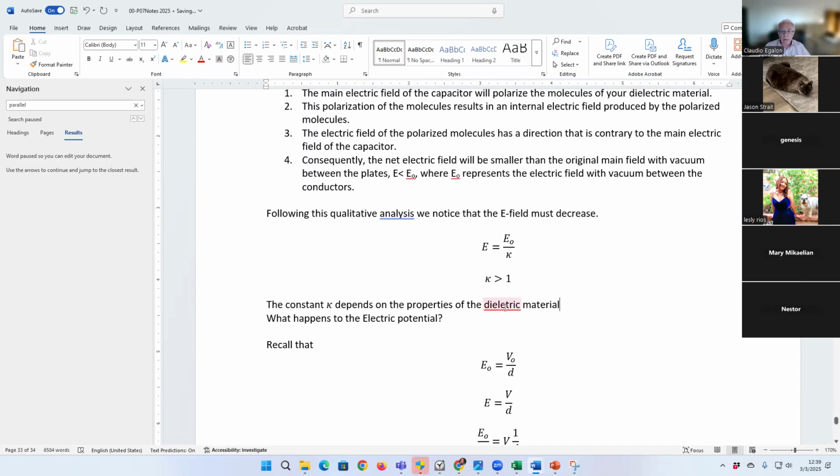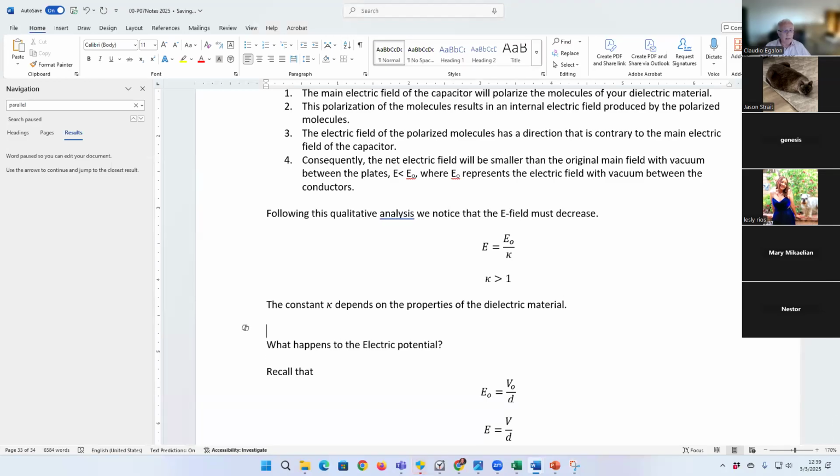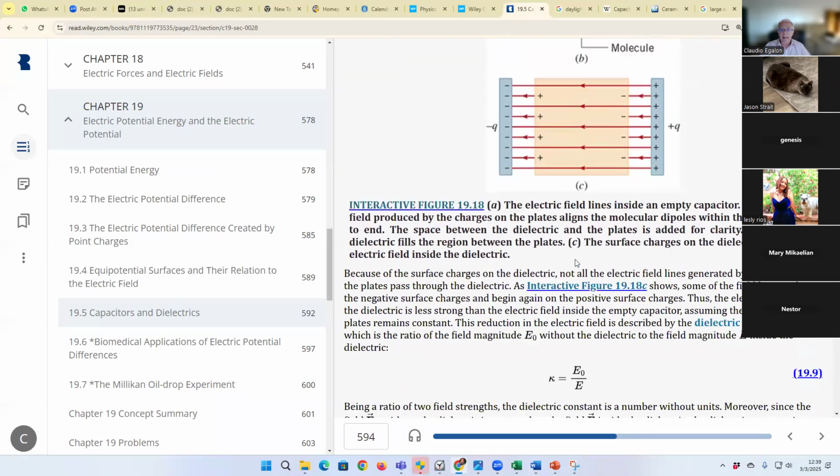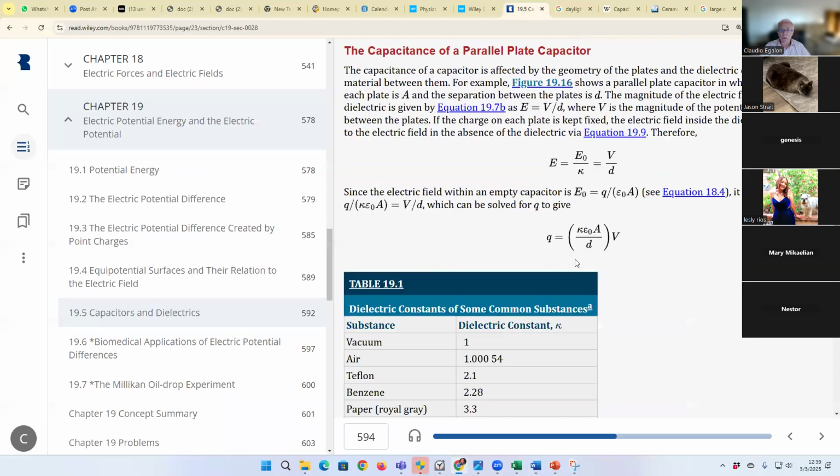I didn't mention that before. See here, there is a list of values of kappa for different dielectric materials. It has no units.